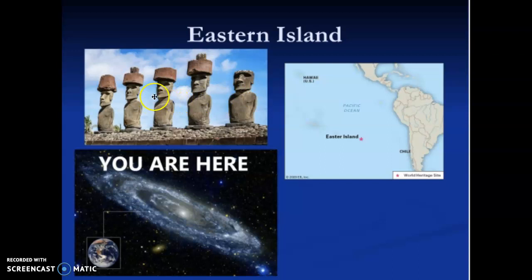It took 2,000 years to collapse the environment, their interactions with the environment, and the population of people decreased rapidly. Scientists study this Easter Island. That is going to be our topic for tomorrow. So Easter Island is the model for our environmental studies for the Earth.